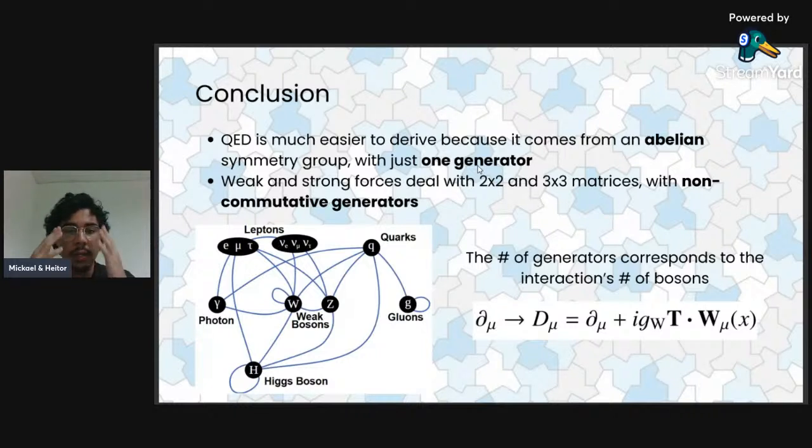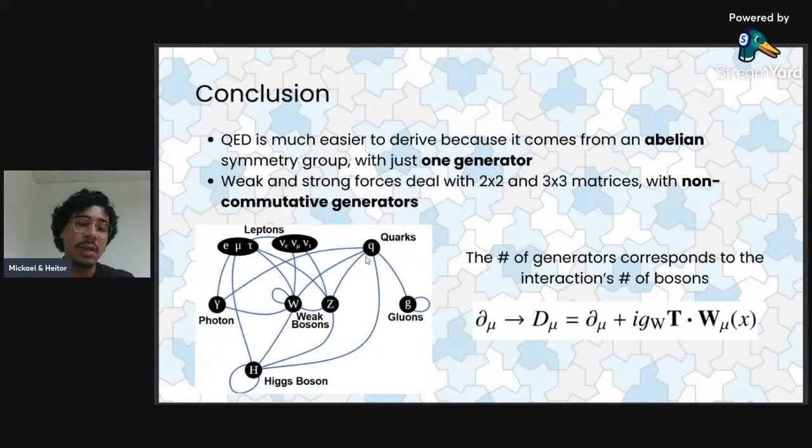In that way, SU2, the group of the weak force, has two generators. No, sorry, it has three generators. So the weak force has three bosons and so on. But the thing is, the generators for weak and strong force are non-commutative because they are based on non-abelian theories. And that's the main conclusion, that the number of generators corresponds to the number of bosons of an interaction.